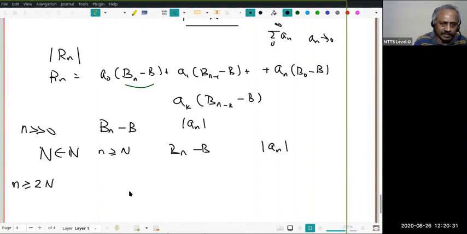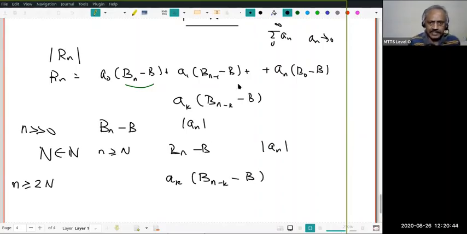Now let's look at the kth term. The kth term is of the form ak times b of n minus k minus b. I'm looking at the general term to have an idea.